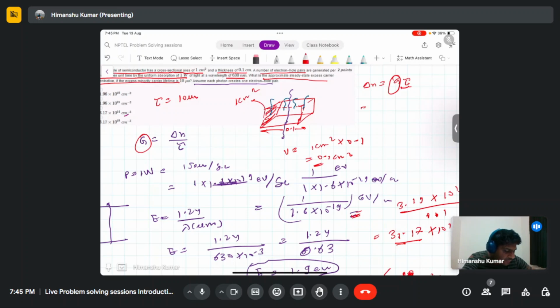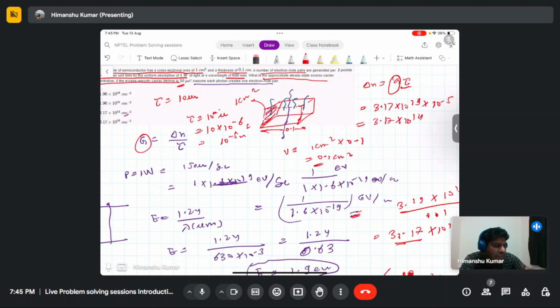Multiplying, it's 3.17 into 10 power 19 multiplied by 10 power minus 5, because tau is given as 10 power minus 10 microsecond, which equals 10 power minus 6 second... this will become 10 power minus 5 second. So this will become 3.17 into 10 power 14 per centimeter cube.